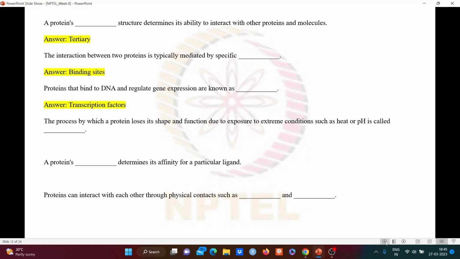It is called... Any other answers for the fourth one? Okay, yeah, it's denaturation.